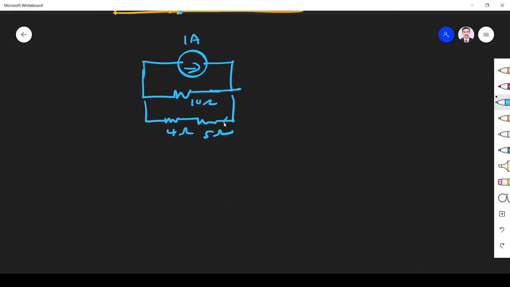Now I want the current through this 5, that is equal to the current through the 9 ohm resistor. So I apply the current divider rule: total current 1, opposite resistance 10 divided by total resistance 10 plus 9. Okay, so 0.526 ampere is due to I1.